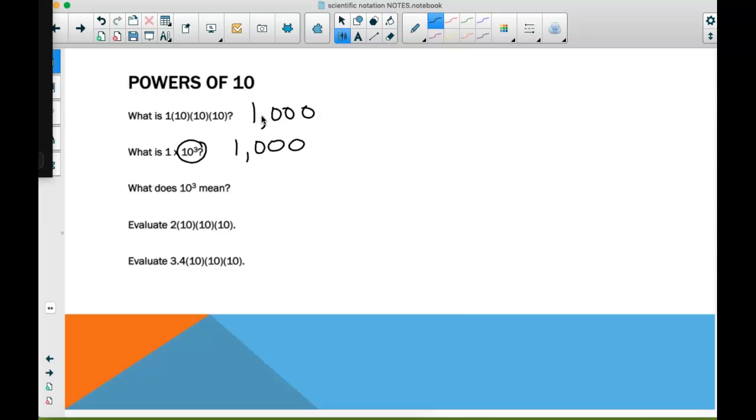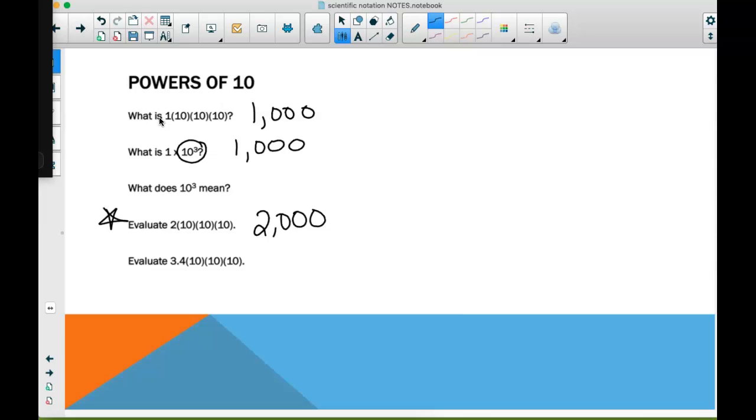And we all know that 10 to the third power just means 10 times 10 times 10. So if I asked you to evaluate 2 times 10 times 10 times 10, what would that equal? Anybody? 2,000. 2,000, right? That's easy to do in your head. How about 3.4 times 10 times 10 times 10? 34,000?